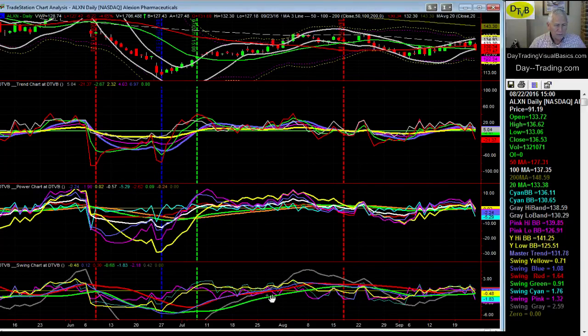Now keep in mind, we only have three charts up here, not all 5, but your yellow is in a low angle up, power pink is in a low angle up, power blue is in a low angle up, power white is in a low angle down, and trend green is actually in a low angle down as well, but the angle is fairly hard to see. And then down on your swing chart, pink, Zion, yellow are all in low angles. So you've got quite a few low angles here that tell us that the change is going to take place and the uptrend is going to start.